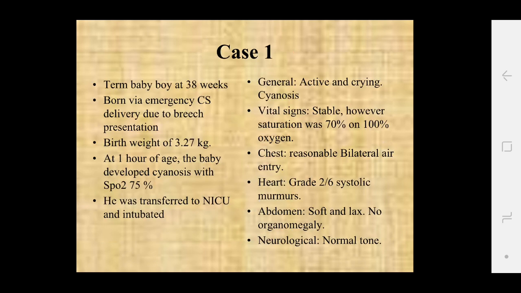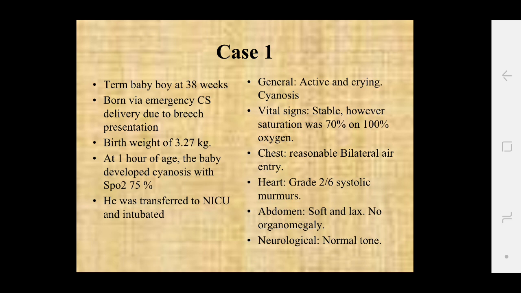I will present quickly two cases, one of supracardiac type and the other of infracardiac type. This patient was a term baby boy, 33 weeks, born by cesarean section due to breech presentation. His birth weight was 3.27.